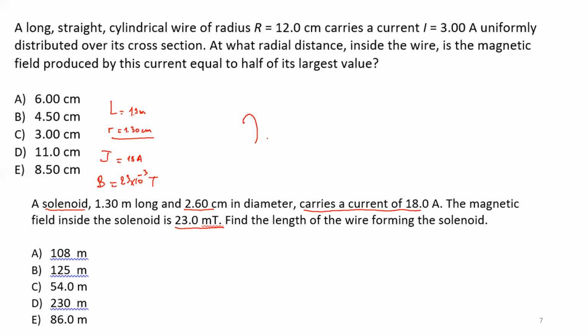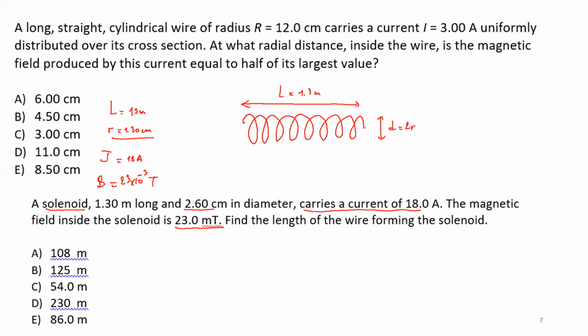So this is my solenoid, etc., etc. It can be more tight, but just for illustration. This is the length of the solenoid, L, 1.3 meters. And this is the diameter of the solenoid, D, of course, which is 2R, 2 times the radius of the solenoid.